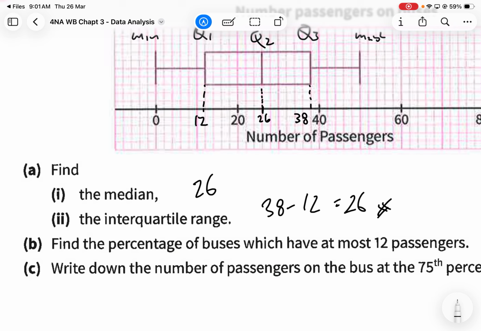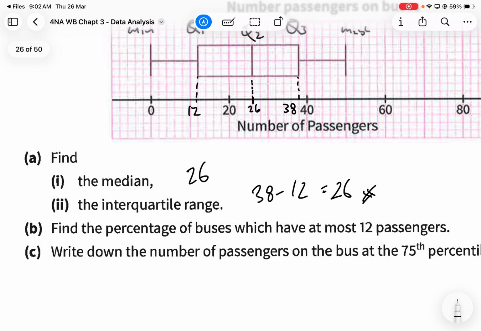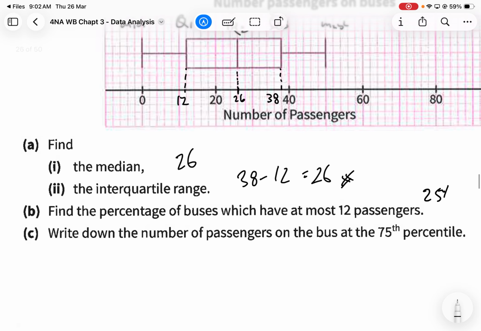The percentage of buses which have at most 12 passengers, usually we won't be able to know. But this one is just nice, the 12 passengers happens at the Q1. That means the percentage with less than 12 is 25%, because it is at Q1. Between 0 passengers and 12, it is just nice 25%.